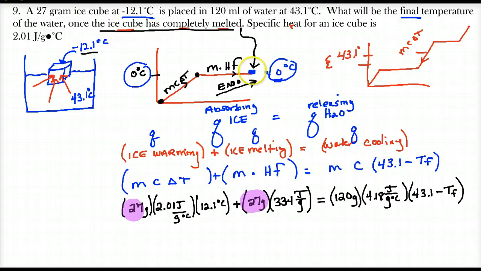So if I really wanted the coldest possible temperature, I have to consider not only the ice cube absorbing energy as it warms and as it melts, but also the liquid water that was once ice cube that's now 0 degrees Celsius, that will also absorb heat from the water.